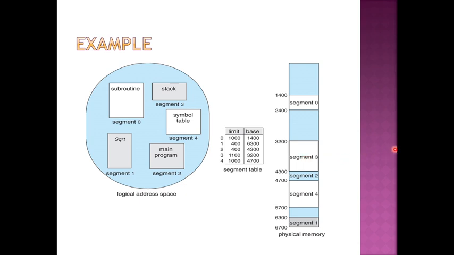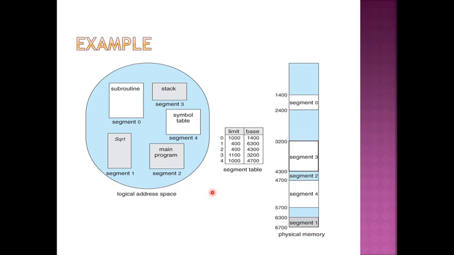Whatever offset we are talking about will go from 0 to n minus 1. So 3200 is my first address and 4299 is my last address in segment 3. 4300 will be a part of segment 2, which is not a part of segment 3. Likewise, 3200 is a part of segment 3 and not a part of any other segment.